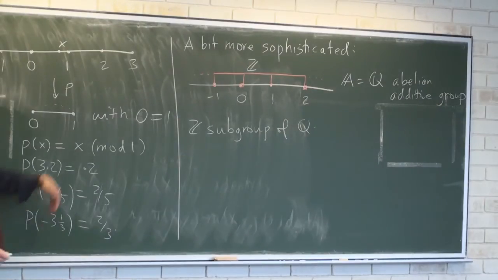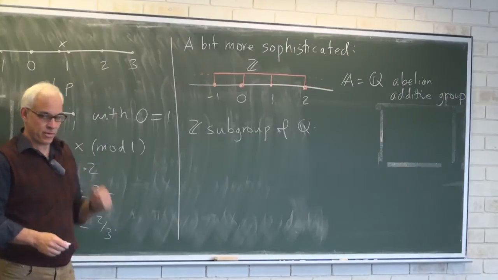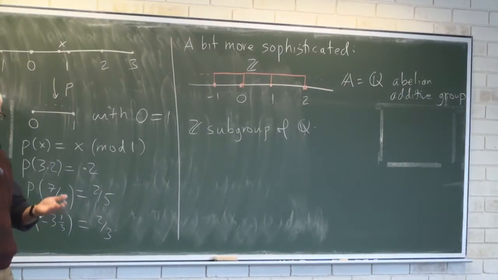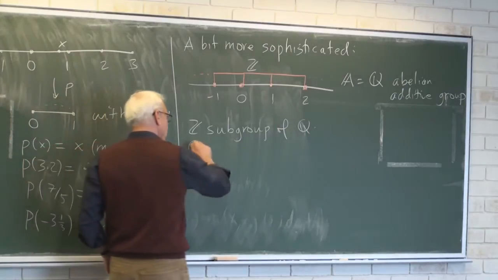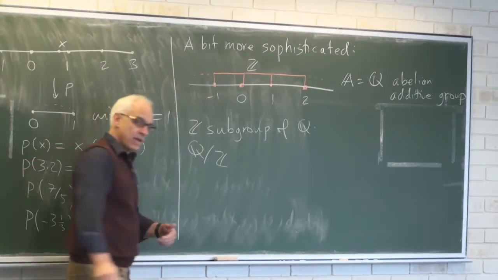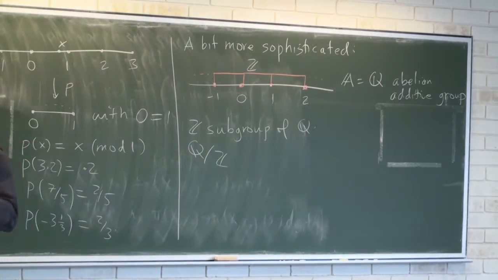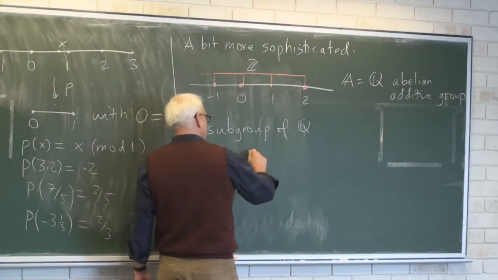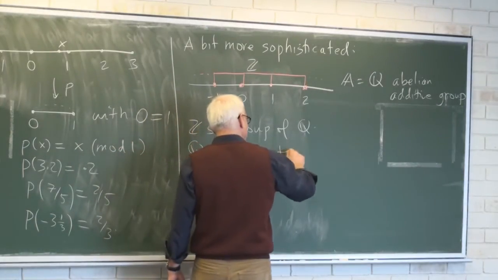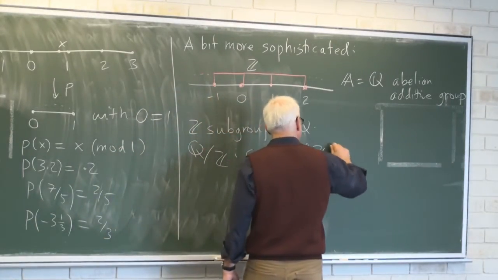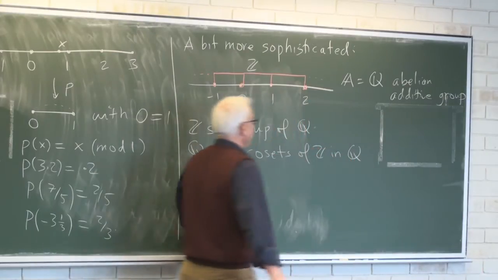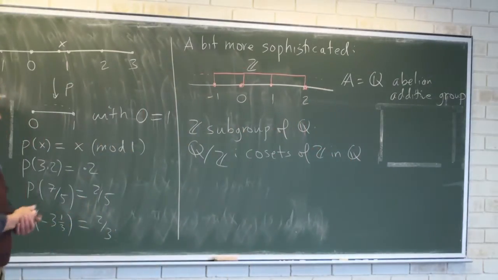Now, whenever we have an abelian group with a subgroup, one thing that we can think about is the quotient group. So the quotient group, Q mod Z, is the space of cosets of the subgroup. So it consists of cosets of Z in Q. And what do those cosets look like?